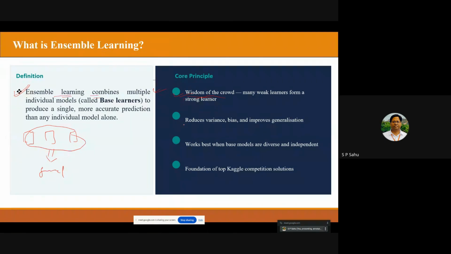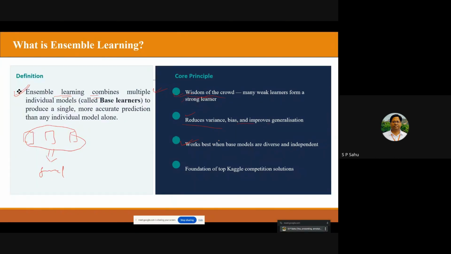It reduces variance and bias and improves generalization. When variance or bias is reduced, we have lower overfitting issues. It works best when base models are diverse and independent, and similar models are discouraged.